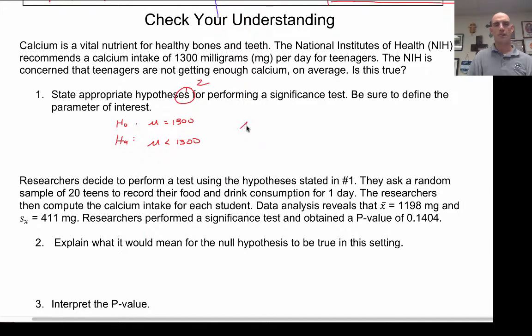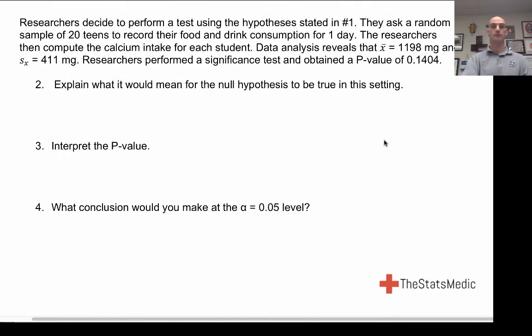So I have to say that mu equals true mean daily calcium intake for teens in milligrams. Okay, so here's my claim. Either it is 1,300 or it's less than. That's what we're testing.